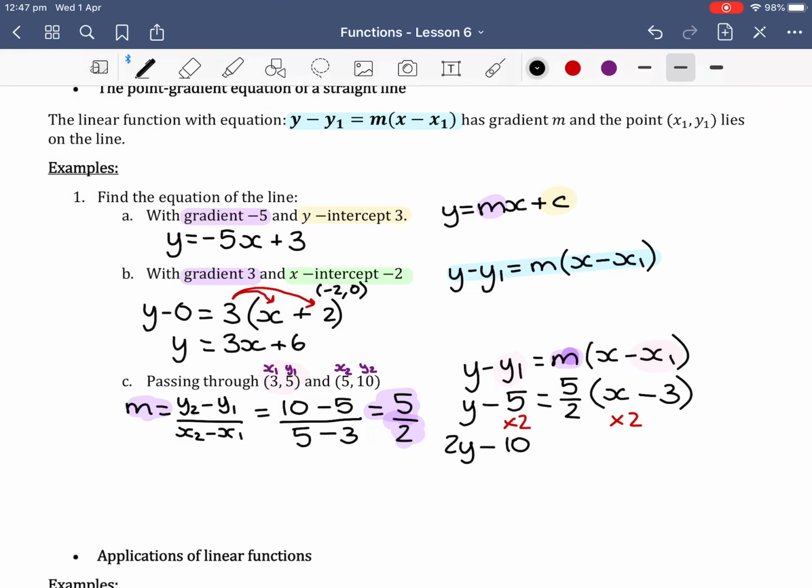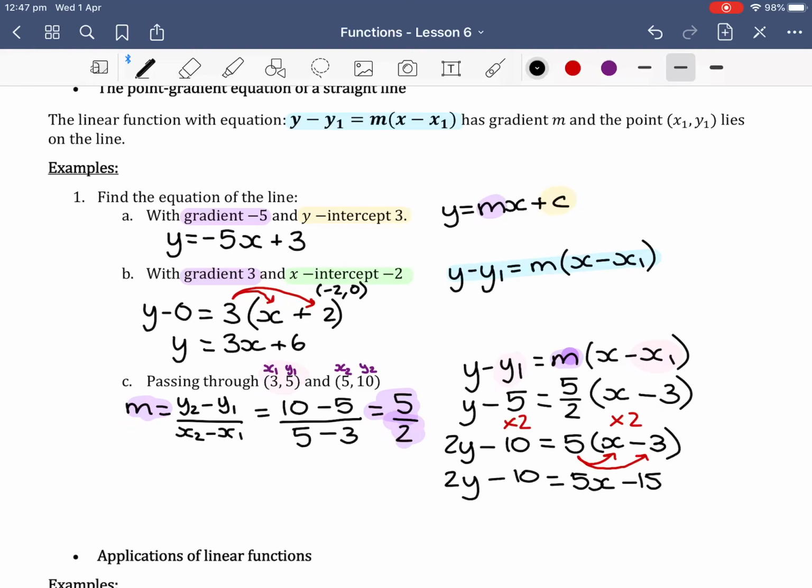So that leaves me with 2y minus 10 equals 5 bracket x minus 3. And then I'm going to multiply my 5 by both terms in my bracket. So I have 2y minus 10 equals 5x minus 15.